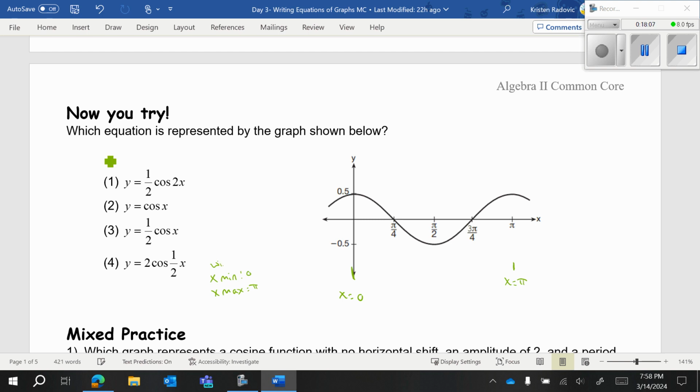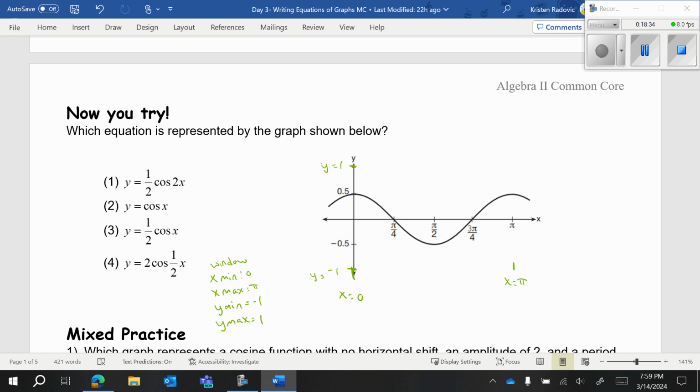This is under the window button on the calculator. Your Y values are, let's say, if this is negative 0.5, this is negative 1, and this would be Y equals 1. So Y min, the minimum Y value, is negative 1. The maximum Y value is positive 1.